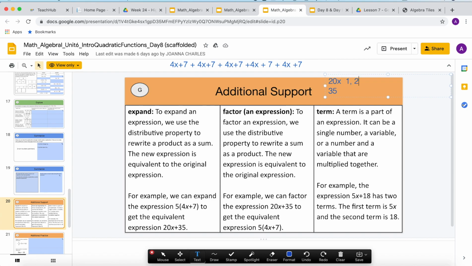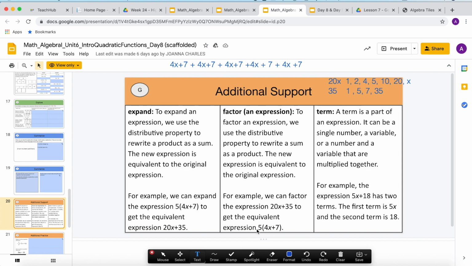Then they can do the same for 35 and see that there is that factor of 5. In this situation 5 is the only common factor, but really emphasize that you want to find the greatest common factor.